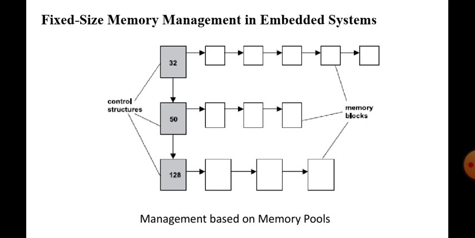All blocks of the same memory pool have the same size. In this example, the memory space is divided into three pools of block size 32, 50 and 128 respectively. Each memory pool control structure maintains information such as the block size, the total number of blocks and the number of free blocks. It is clearly shown in this example.